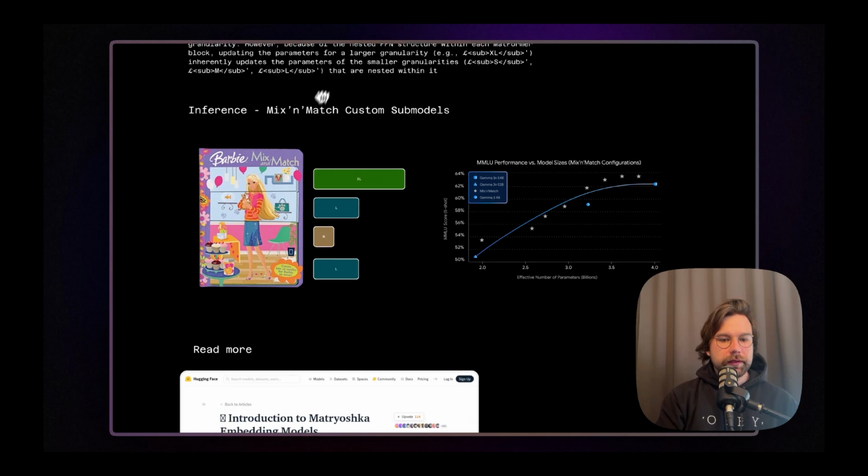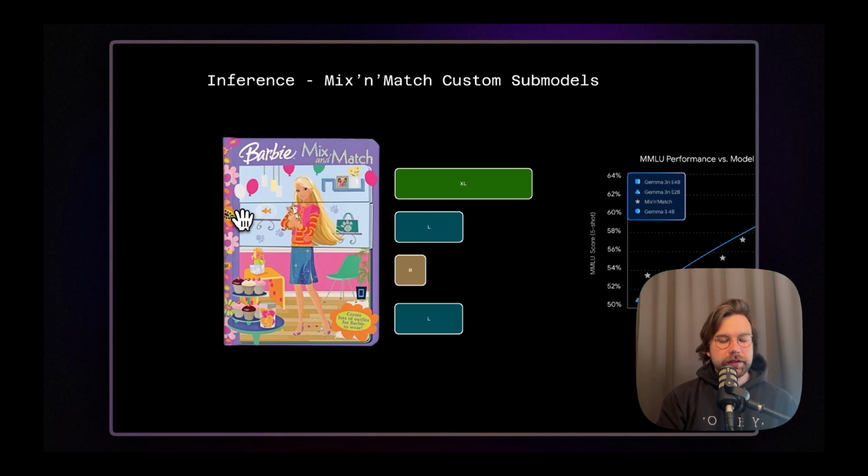So how does it work during inference? During inference, you can actually do what is called mix and match. Because all of those embedding sizes are designed to work simultaneously, you can choose the one you want that suits your hardware requirements. For one layer, you can choose XL size. For one layer, you can choose L size. For one layer, you can choose M size.